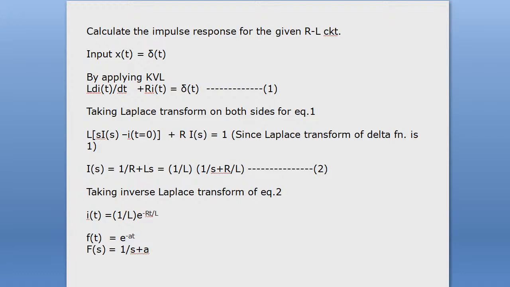So if any question comes where you have to calculate the impulse response and the step response is provided, you just take the derivative of the step response. Whatever you get will be the impulse response.